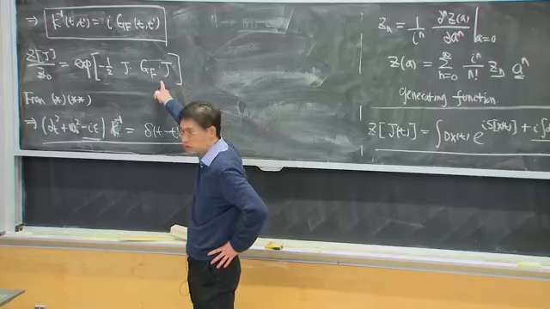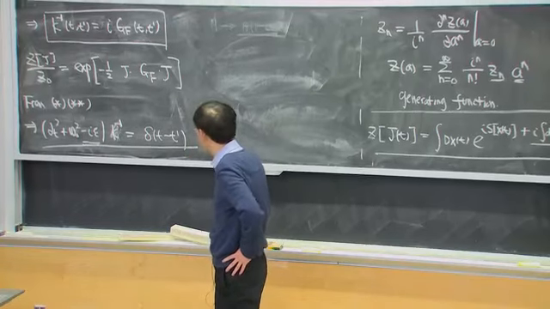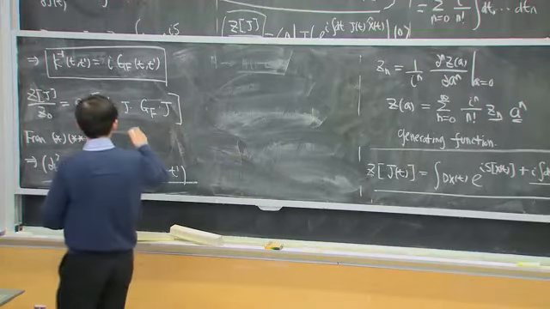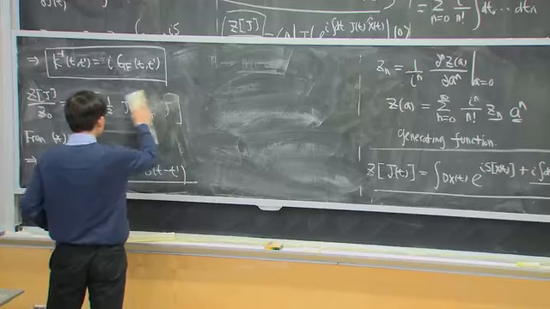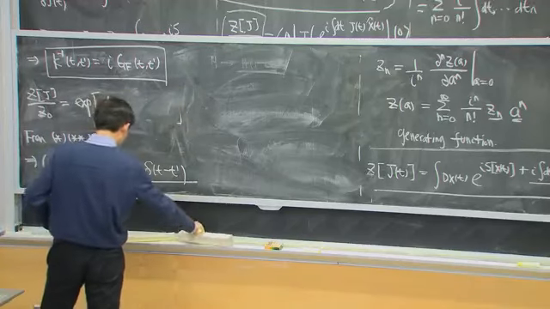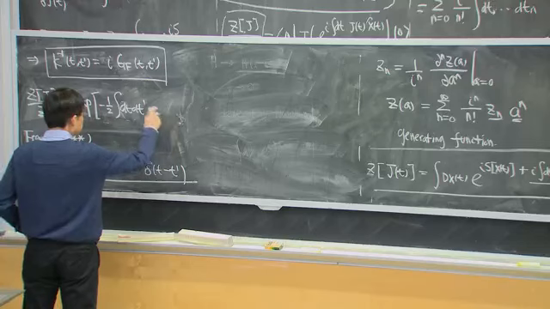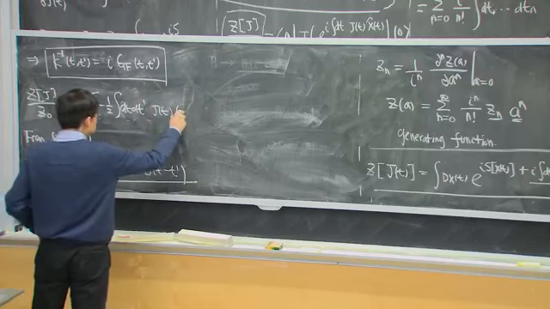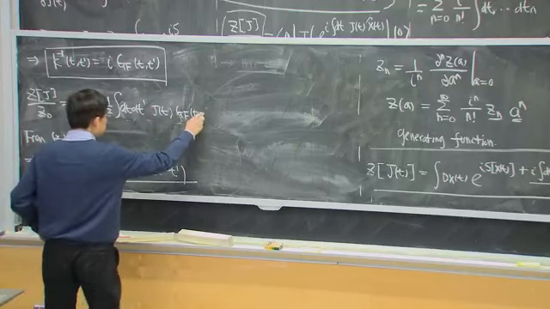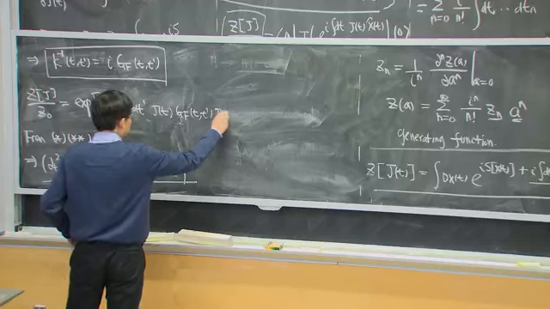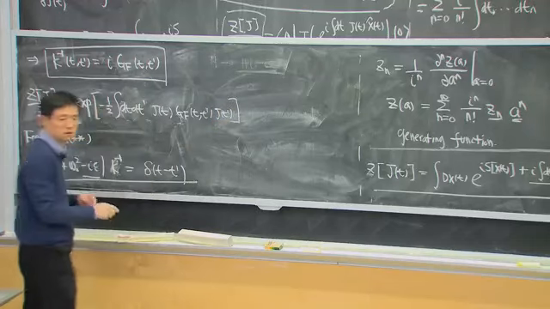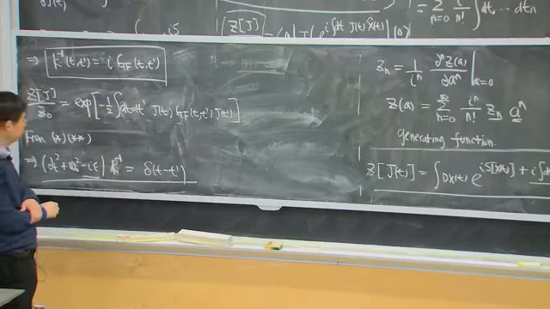Oh, you mean this expansion? Yeah. Let me write it explicitly, since this is a very important equation. It is just the integral dt dt prime, J(t) G_F(t, t prime) J(t prime).